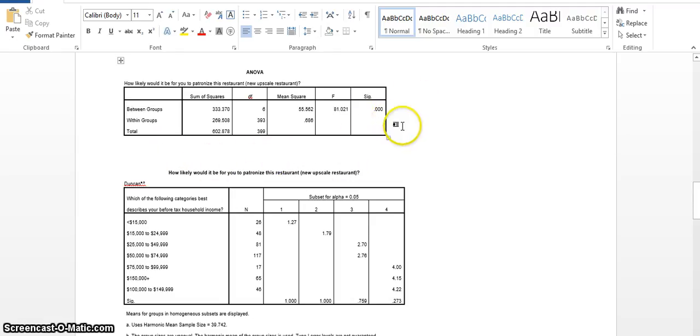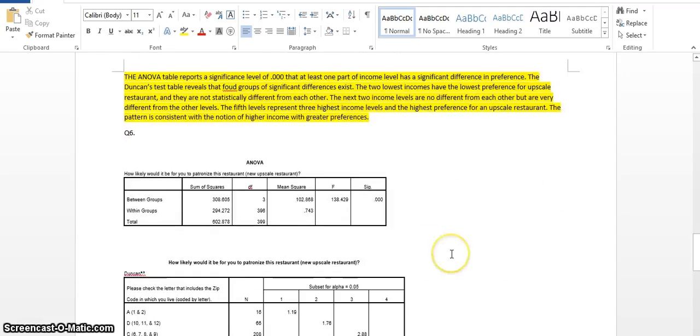So you see there is a difference looking at the sig value, and then you would describe, you discuss, say, okay, people having the income of 15,000 and more would be less likely, followed by this group, this pair, and then these three income levels, which are on a very similar mean value, 0.400 to 0.422. So you have to describe it that way.